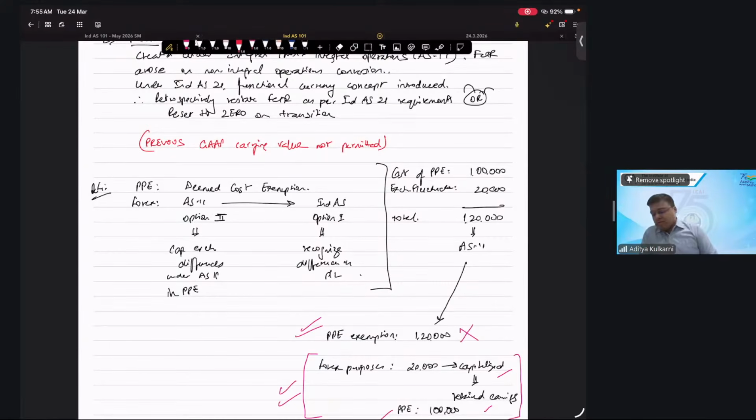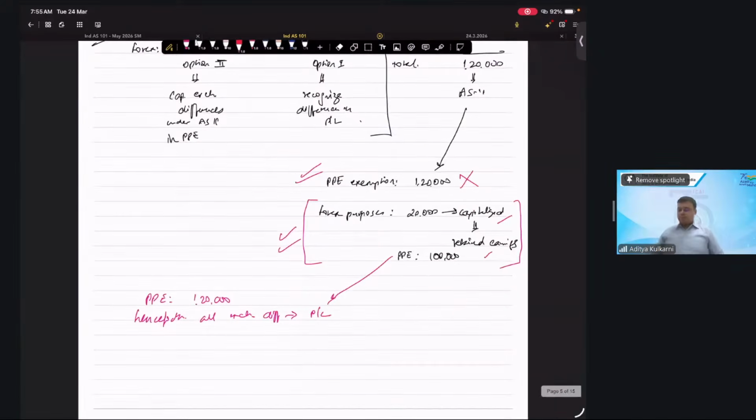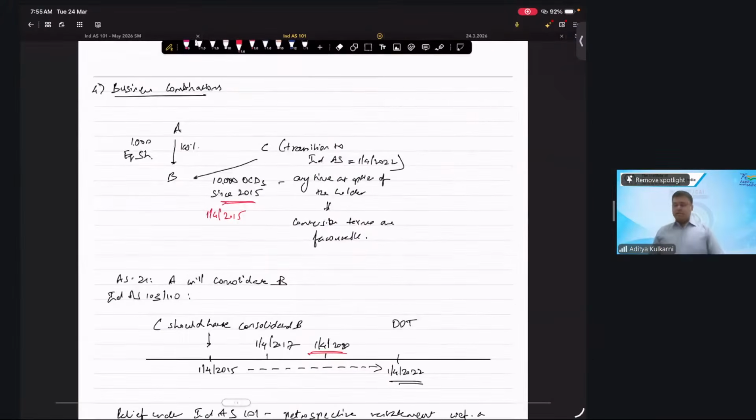Carrying amount becomes your deemed cost. It saves a lot of your efforts in having to going back in time and doing the working. But that option also exists. Okay? So that takes care of this one.